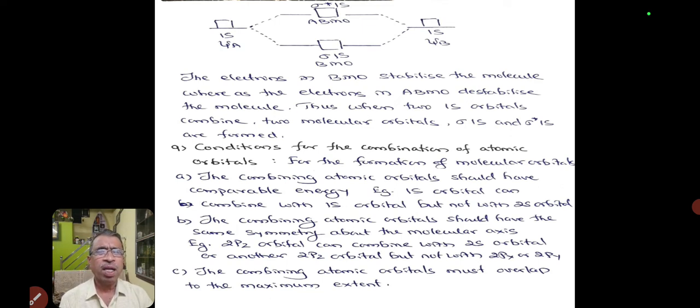The second one, the combining atomic orbitals should have the same symmetry about the molecular axis. Example, a 2pz orbital can combine with a 2s orbital or another 2pz orbital but not with 2px or 2py orbitals. The combining atomic orbitals must overlap to the maximum extent.